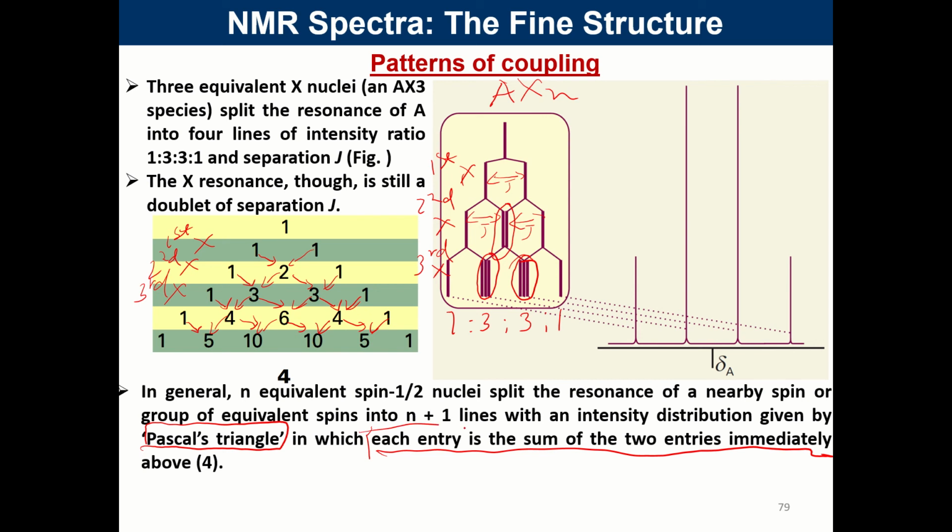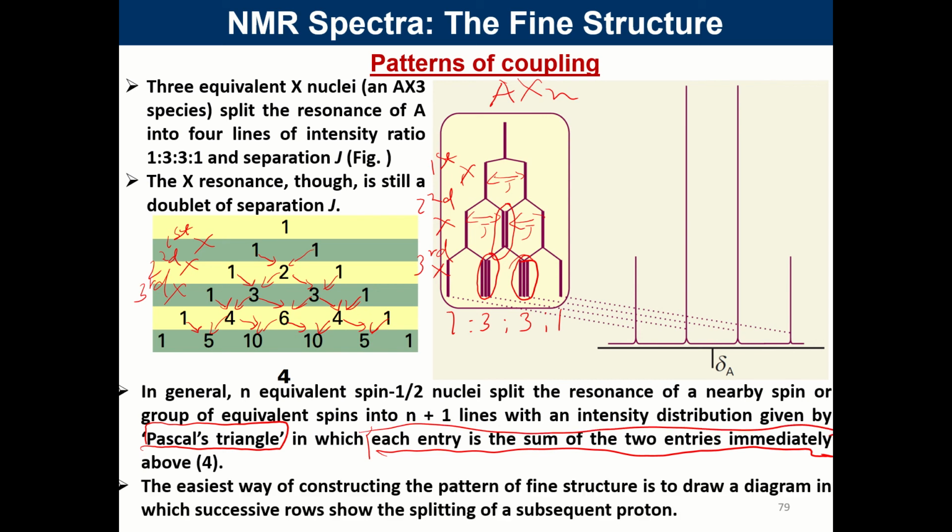I have already shown and discussed this pattern, and if you draw it, you can very well predict the splitting that is going to happen for the NMR signal of A in an AXN type system.